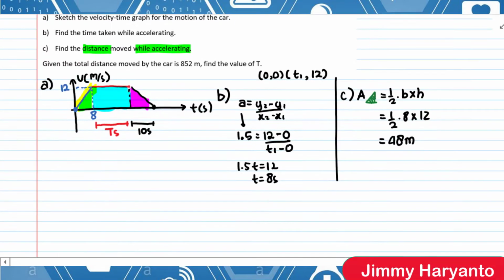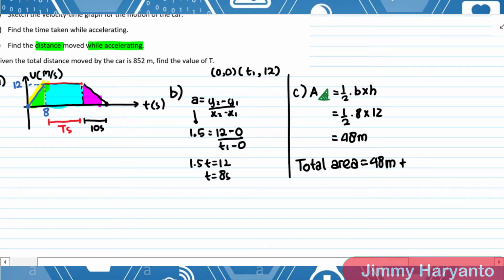So the total area will be 48 meters, that is the first one, we already calculated that, plus the rectangle. The rectangle is t times 12, length times width, and then plus the purple one, half times base times height.